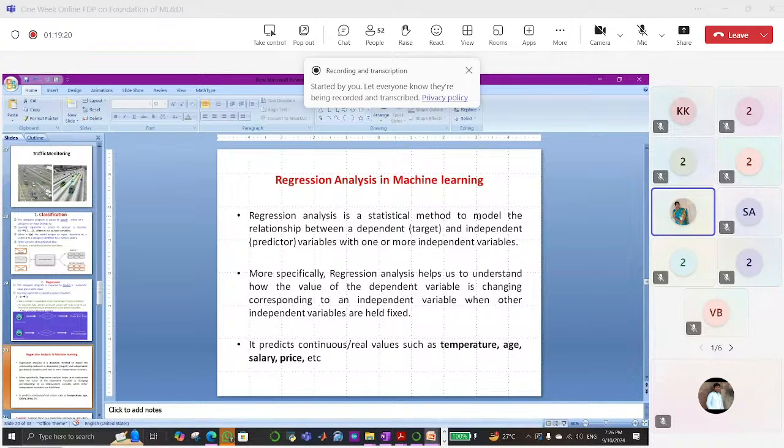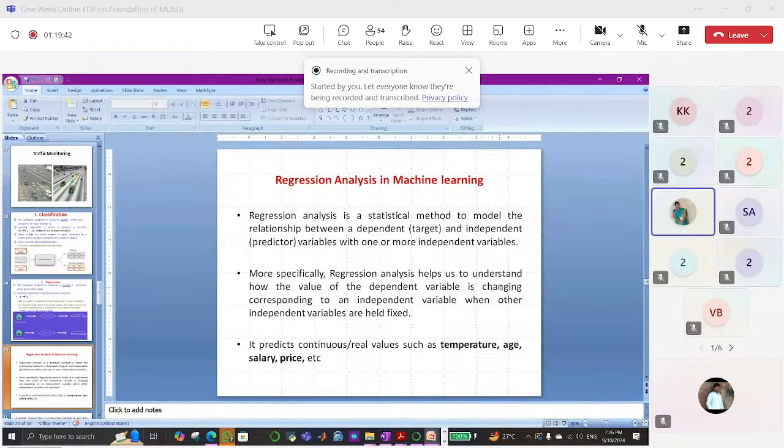Dependent means the target parameter, target value, and independent variables means the predictor. Suppose we need to measure BMI. In that, what is the independent variable and the dependent variable? Like that, with one or more independent variables.